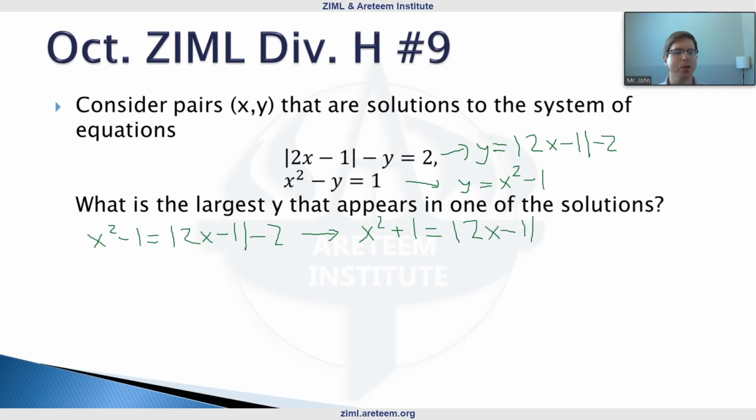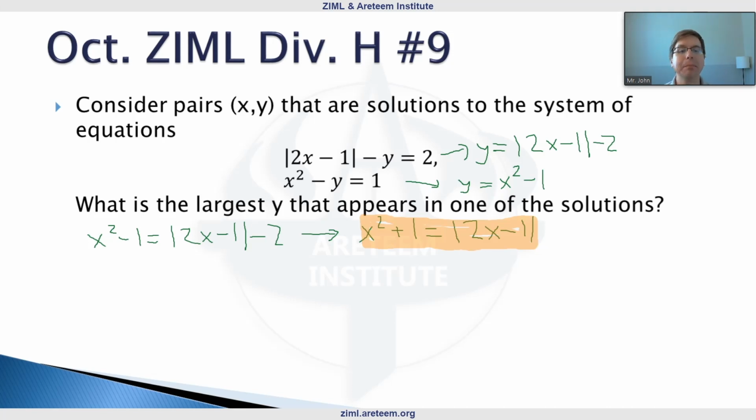And now for the rest of the problem, this is going to be our focus of solving. We have a square on one side and our absolute value on the other. We've dealt with the system of equations part here. This is now one equation. This will allow us to solve for x, and once we solve for x, we're going to be in good shape for finding y as well.